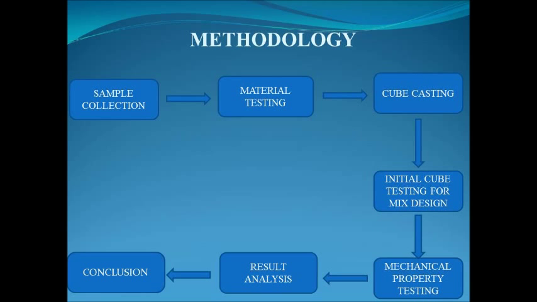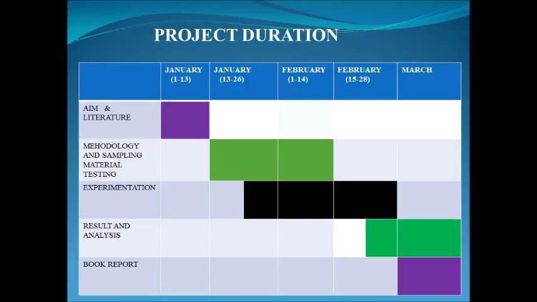Methodology: sample collection, material testing, followed by cube casting, initial cube testing for mix design, and then mechanical property testing, split tensile and compressive test results, and then result analysis, and last we conclude about the result. Project duration.